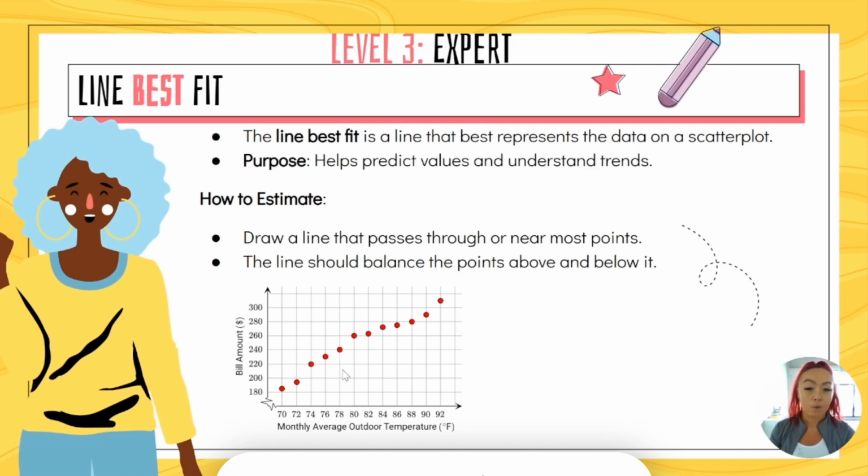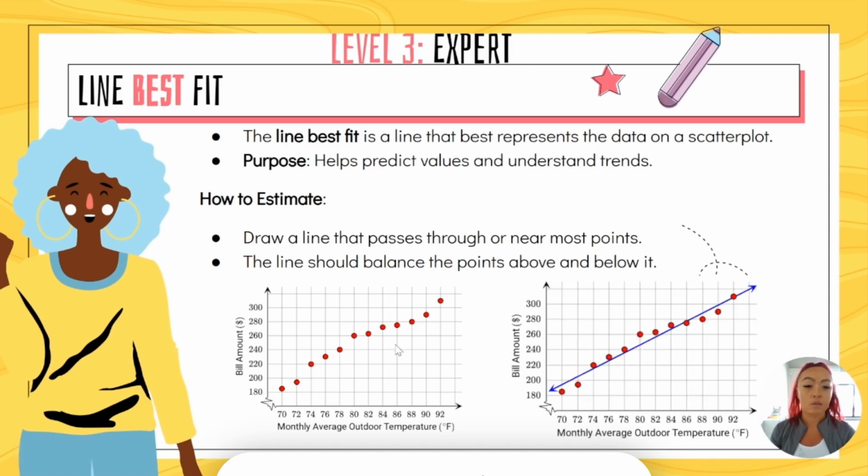Notice how it's not perfectly linear. But if we were to estimate a line of best fit and draw a line through most of these points, it would look something like this. And notice how the points are mostly balanced, the number of points below the line and the number of points above the line.